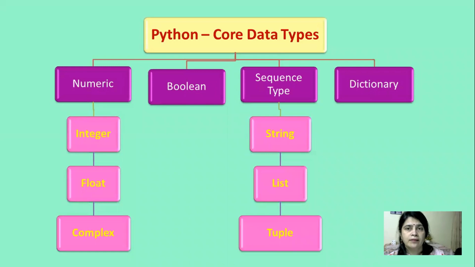Now, these are the Python core data types, which are mainly classified into 4 broad categories: numeric, Boolean, sequence type, and dictionary. Under numeric types, there are 3 data types: integer, float, and complex. Under sequence type, we have string, list, and tuple. These are the core or main data types supported by the Python programming language.